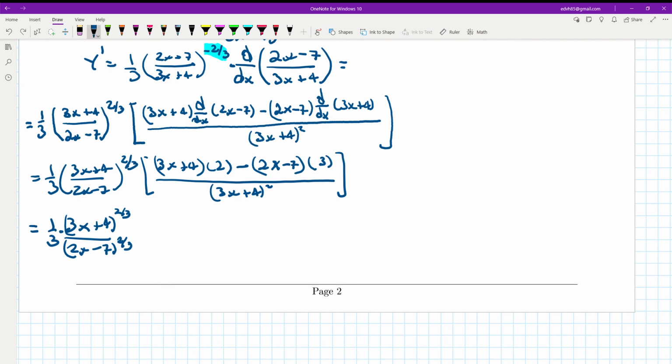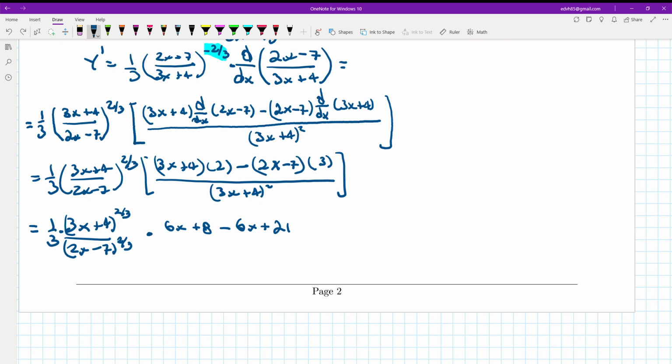We are going to end up with 3x times 2 and 4 times 2, that's 6x plus 8, minus 2x times 3, negative 7 times 3. In this case, that's going to be minus 6x plus 21, because negative times 7 times positive 3 is negative 21, times the negative in the front becomes a positive 21.